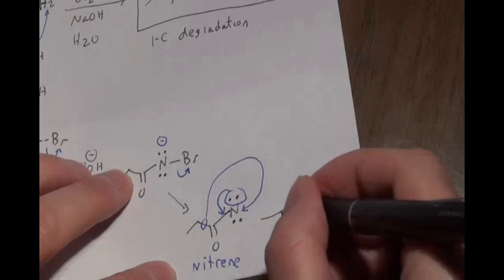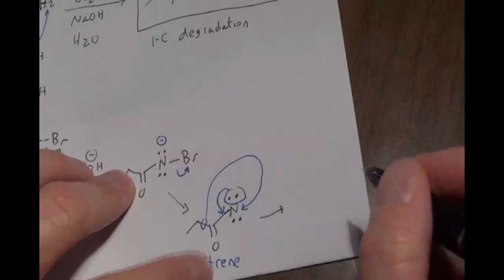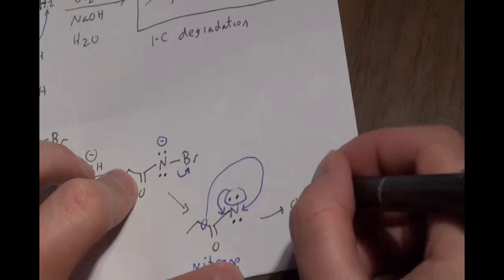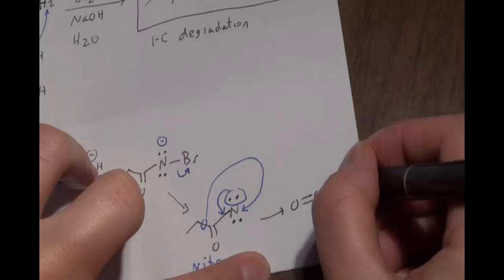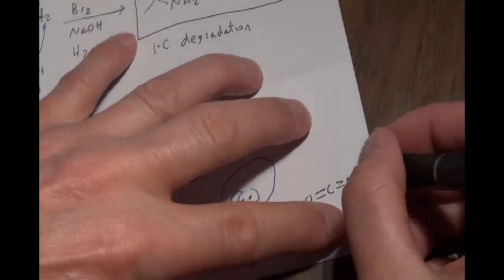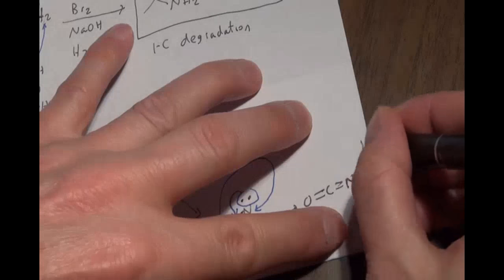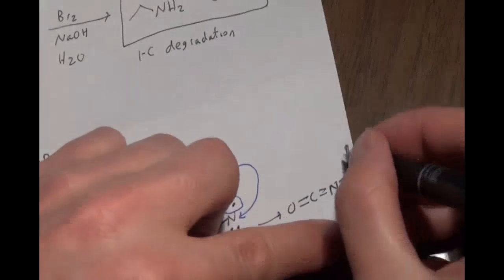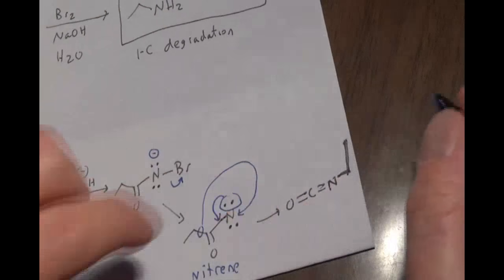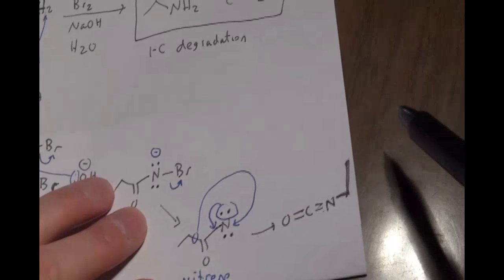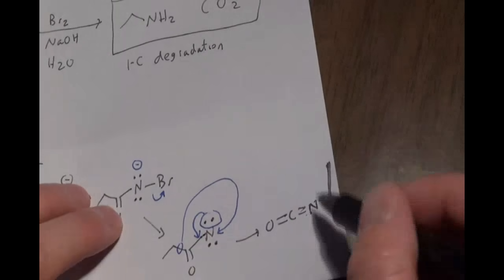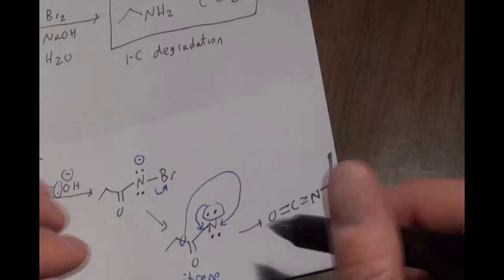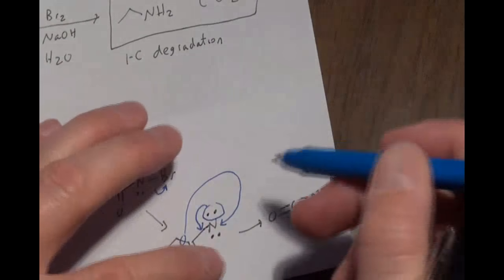And you probably have to practice that a couple times. What does that give us? Well, now we have oxygen, carbon, double bond, nitrogen, two carbons. Now we at least see nitrogen and two carbons that we're going to see in the product, right?